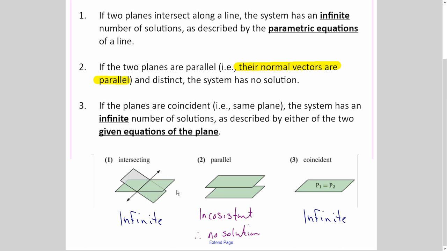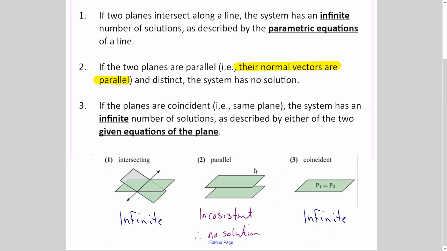For number 2, we can see that these 2 planes are exactly parallel. So in other words, their normal vectors would be scalar multiples of one another. Now, we will also encounter the concept of the normal vectors being scalar multiples of one another when we look at planes that are coincident.